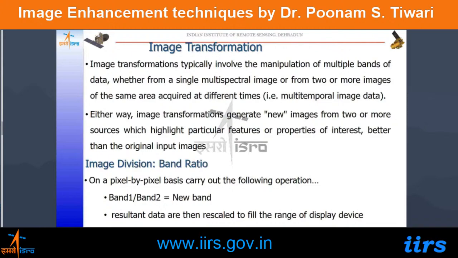So now why do we apply these ratios? If we have a similar type of vegetation on two sides of a hill, one on the sunlit side and one on the shadow side, it will become very difficult for our computer to identify such similar vegetation in two differently illuminated areas, because of this solar illumination the brightness values are completely different, as you can see here.